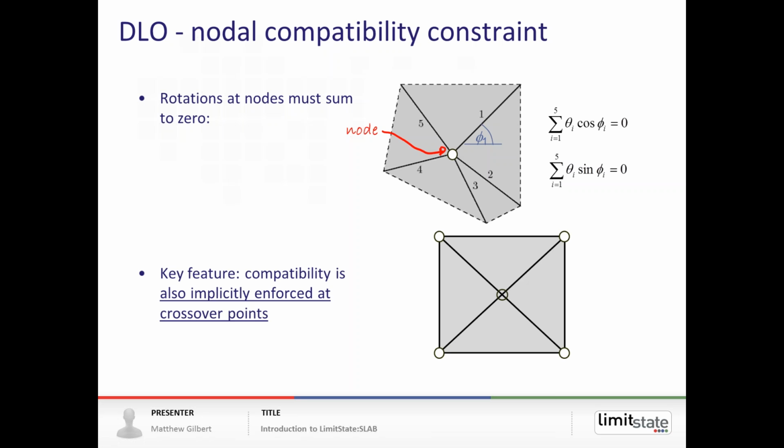And finally, a key observation is that although compatibility is explicitly enforced at nodes, it's implicitly enforced at crossover points. So we can have potential yield lines overlapping or intersecting, and compatibility is implicitly enforced at those locations.